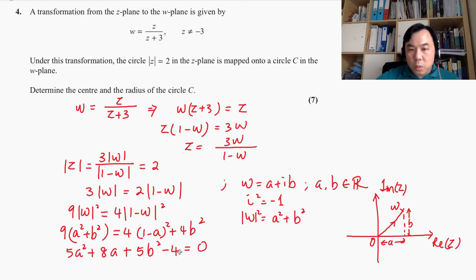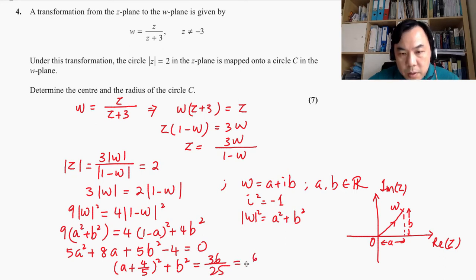After you complete the square, you would get (a plus 4 over 5) squared, and then plus b squared equal to 36 over 25, which is the same as (6 over 5) squared.